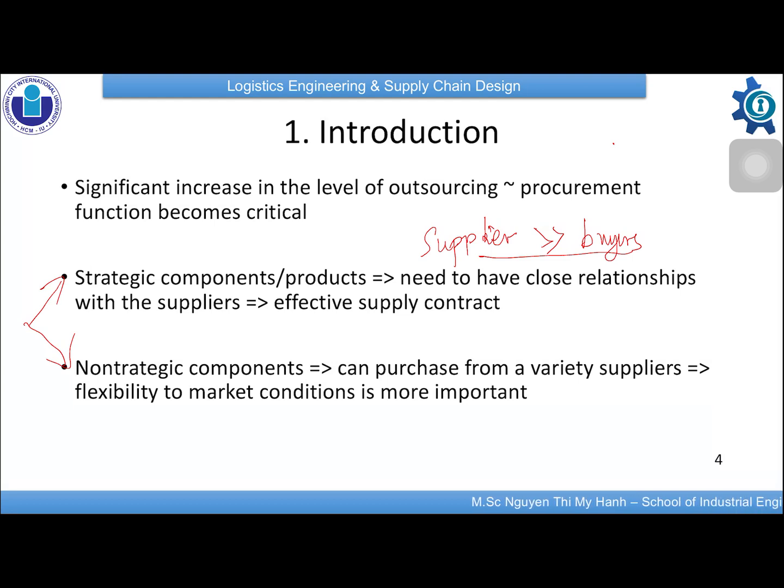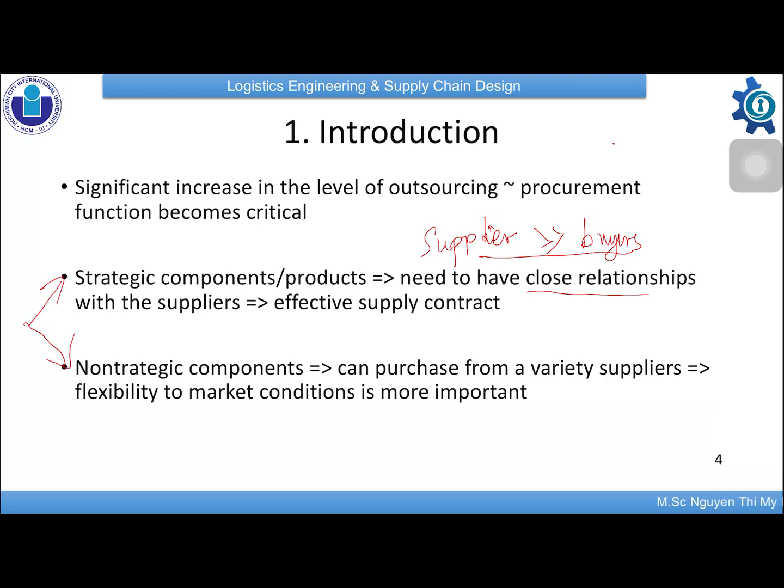For non-strategic components, we can purchase from a variety of suppliers, and we can switch from one supplier to another. So for non-strategic components, flexibility to market conditions is more important than a strong relationship with the supplier.